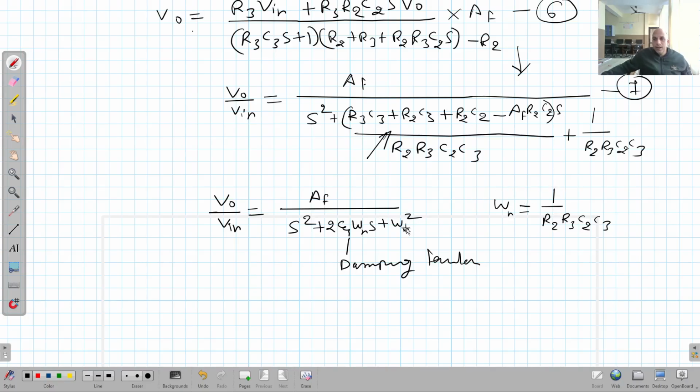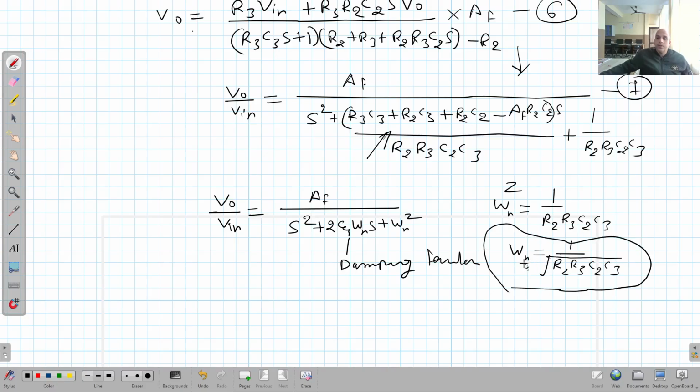Omega n square is equal to this, sorry, and then omega n will obviously become 1 upon under the root R2 R3 C2 C3, clear, plus minus, but we are ignoring the negative sign because frequency is always positive, right?